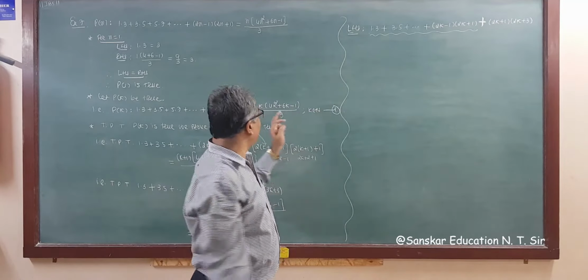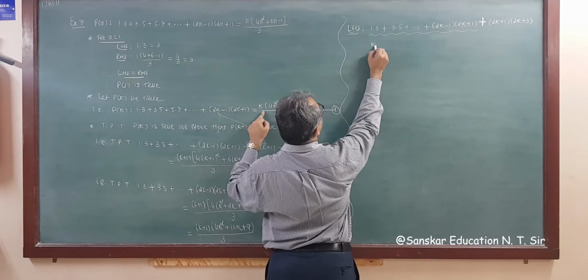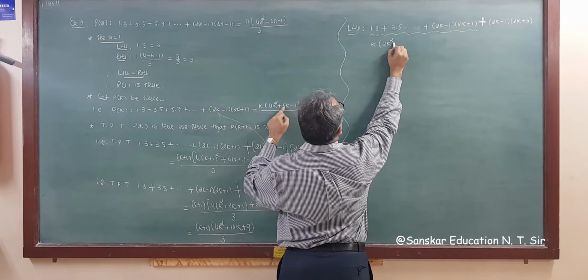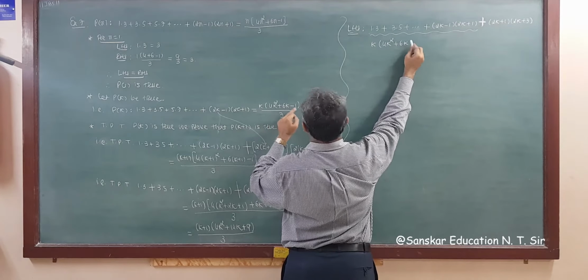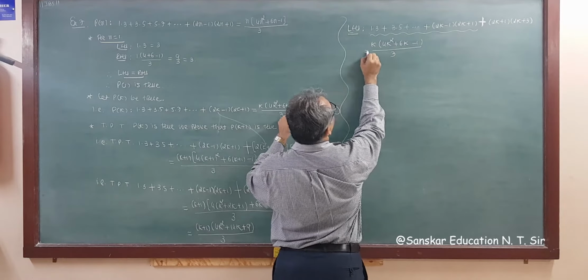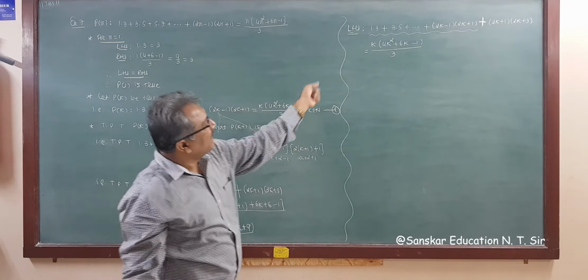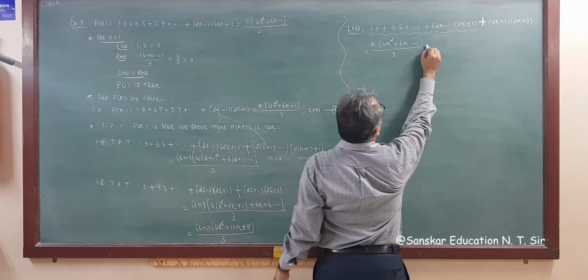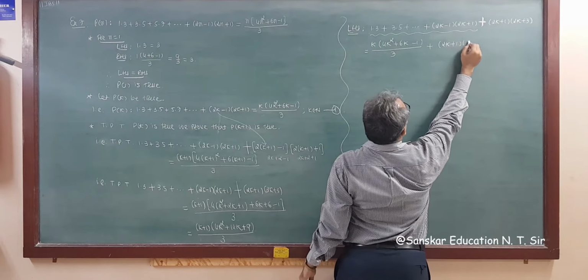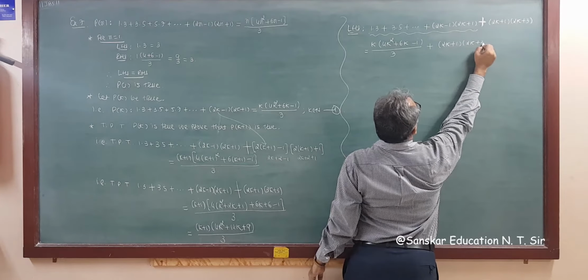So this is k(4k square plus 6k minus 1) divided by 3, due to result number 1, and the remaining term is plus (2k plus 1)(2k plus 3).